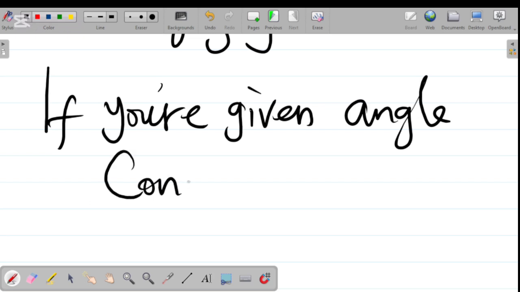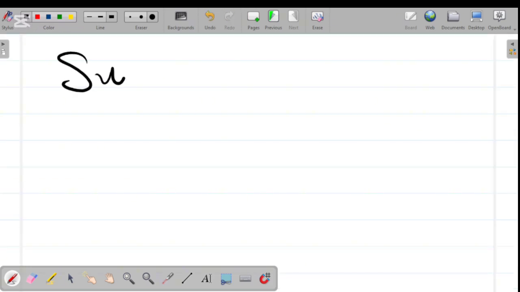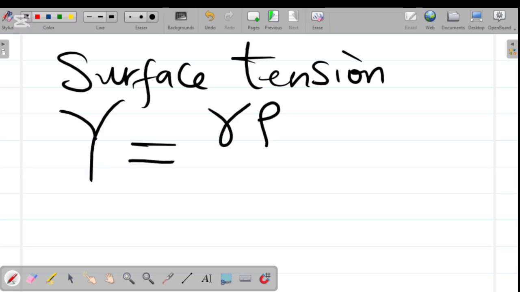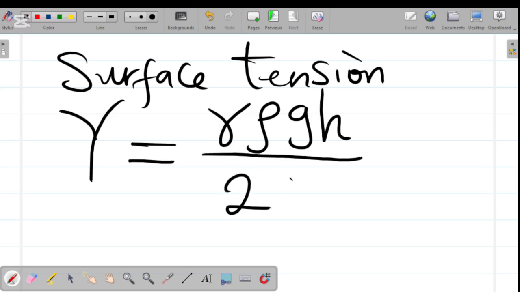All right, if you are given angle of contact, therefore surface tension gamma will be equal to r multiplied by rho multiplied by g multiplied by h all over 2 cos theta.